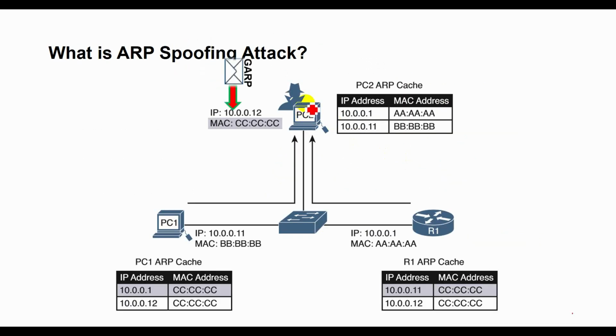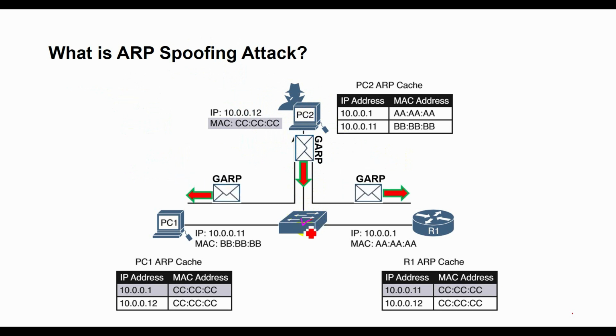The problem is that an attacker can send a gratuitous ARP message containing a spoofed MAC address to a switch, and the switch would update its MAC table accordingly. Therefore, any host can claim to be the owner of any IP and MAC address combination. For example, in this diagram, Router 1 and PC 1 have removed the correct entry for each other's MAC address and replaced it with PC 2's MAC address.